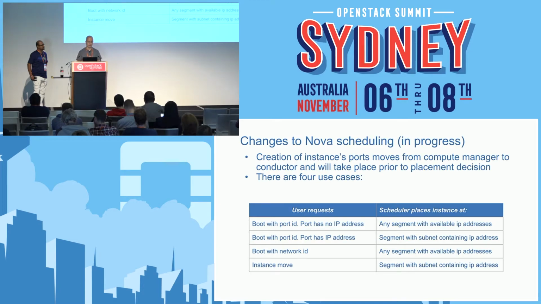If you provide a network ID, again, any segment with available IP addresses is good. And in the case of moving an instance, you have to move it to a host that contains the segment with the IP range where that IP address belongs.